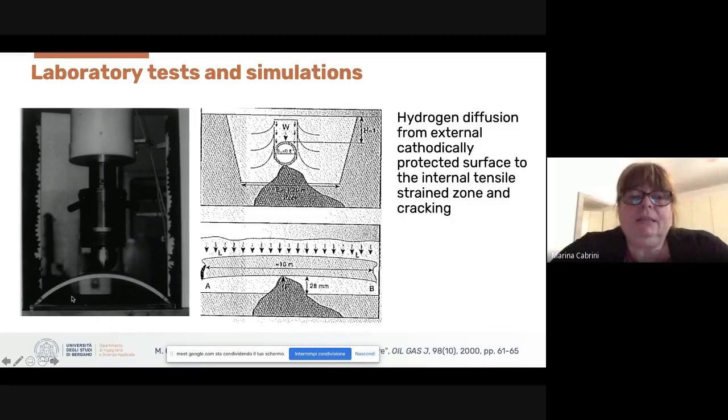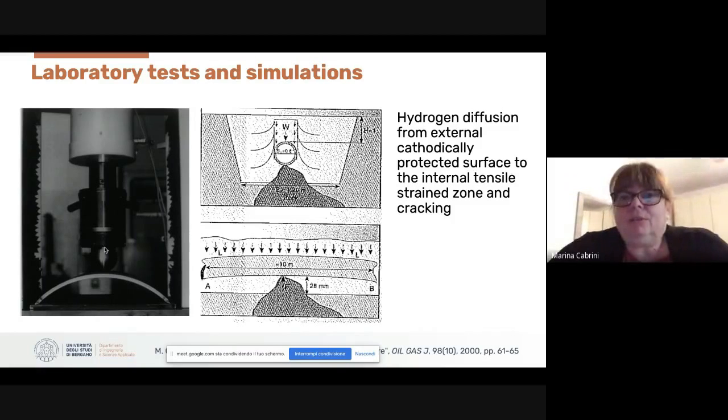We hypothesize that hydrogen can arrive in the highly tensioned zone by longitudinal diffusion. This was due also to the particular banded microstructure, oriented perpendicular to the hydrogen diffusion. And the question was how it's possible to evidence this longitudinal diffusion.